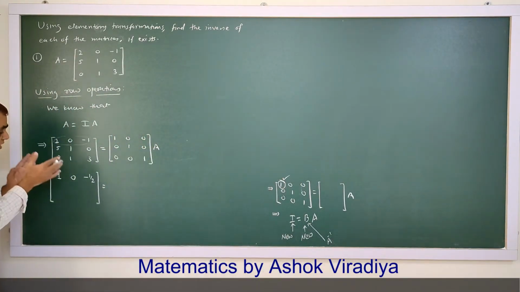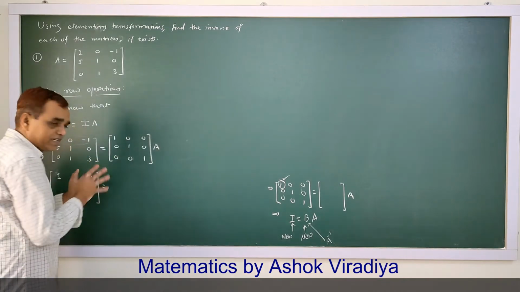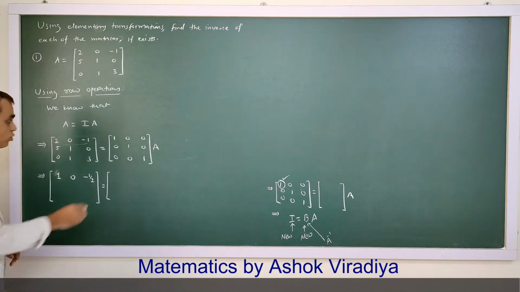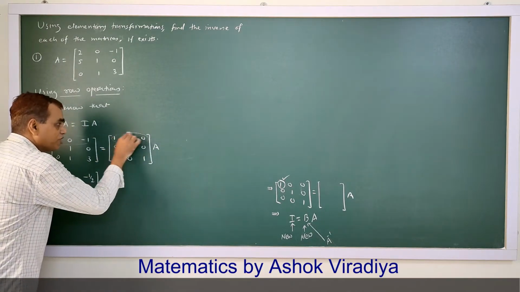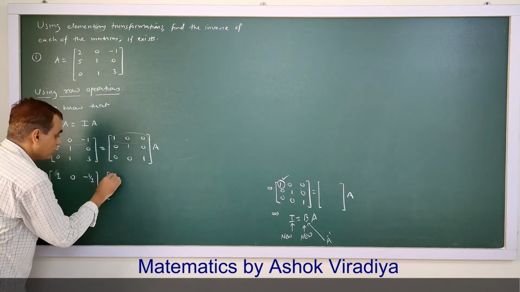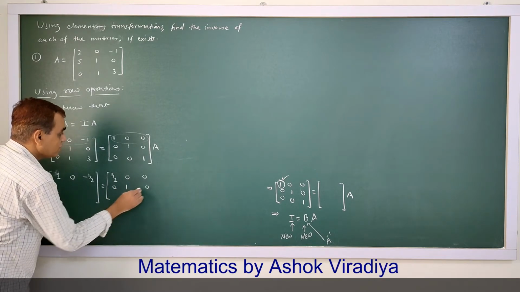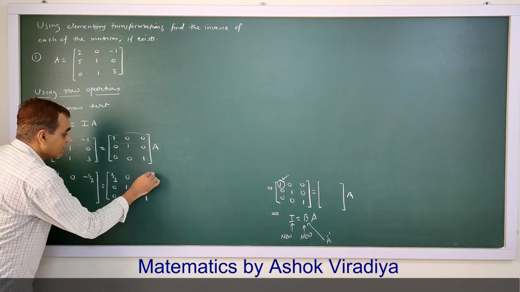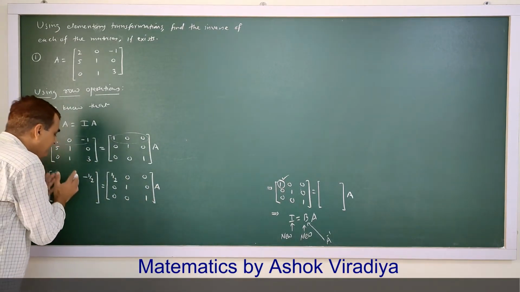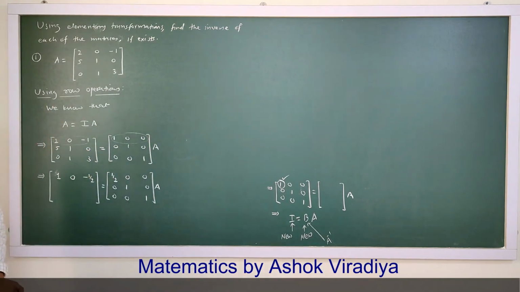Now whatever you do in left hand side, same procedure do in right hand side. So because here this is divided by 2, same operation on first row on the right hand side. So dividing by 2, 1 by 2, 0, 0, 0, 1, 0, 0, 0, 1 into A. Whatever procedure you perform in the left hand side, same procedure perform on right hand side.